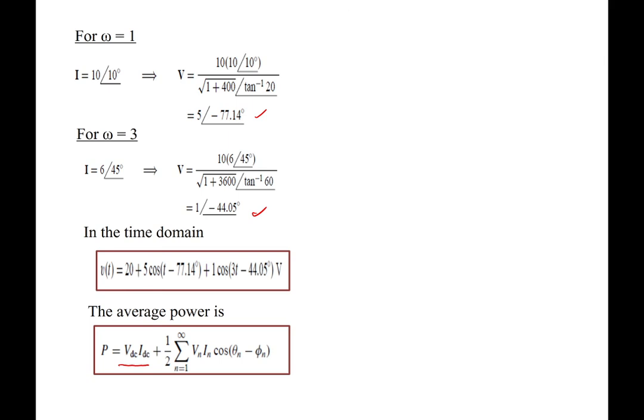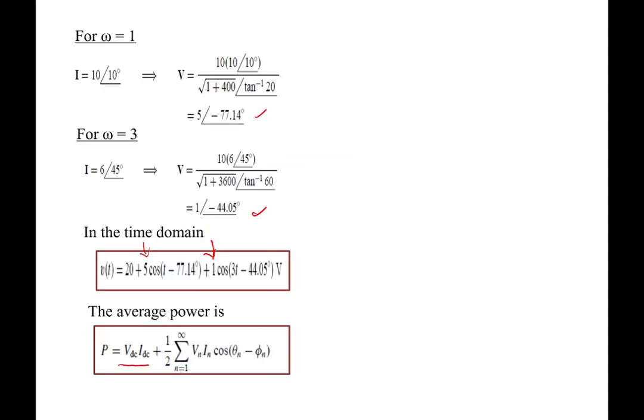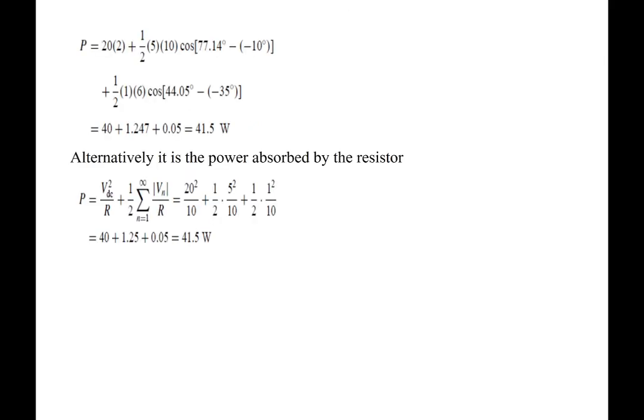Of course, these values are the peak values of the voltage, and these values are also the peak values for the current. So we should not forget to divide by root 2. That's why over here we have a half, because we have voltage over root 2, current over root 2. Then cosine the angle between the voltage and the current, and that will give us the power.